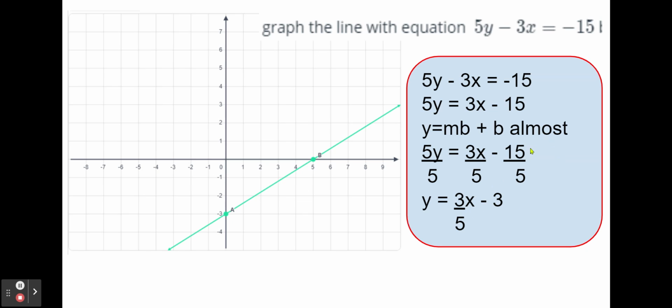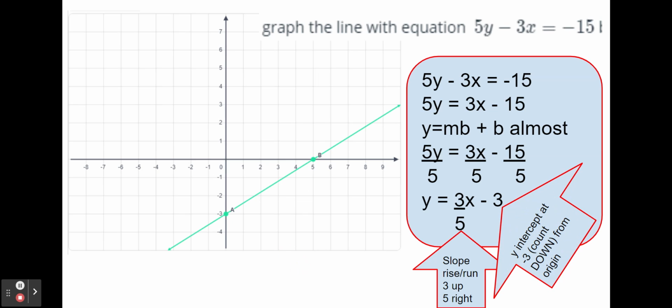My minus 3 comes from here. Minus 15 divided by 5. 15 divided by 5 is 3. Our signs stay the same. Our slope, which is our rise and run, our y-intercept at -3, and then we just count.